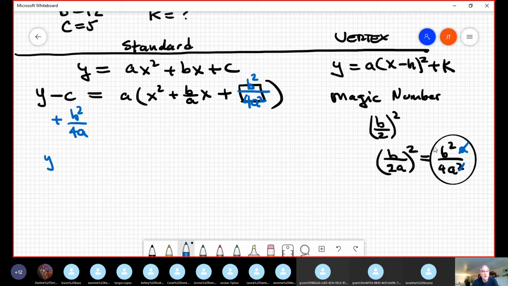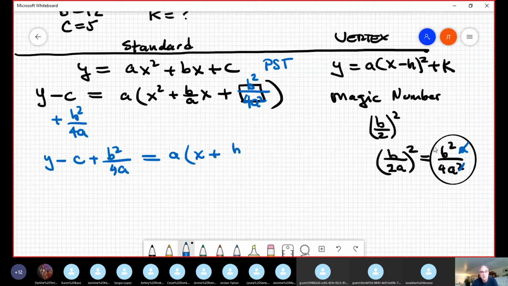And so far we have y minus C plus B squared over 4A is equal to A times. So this is ready for factorization because this trinomial is a perfect square trinomial. So parenthesis x plus B over 2A squared. And remember, this is the square root of this guy. The square root of this guy is B over 2A because the square root of 4 is 2.